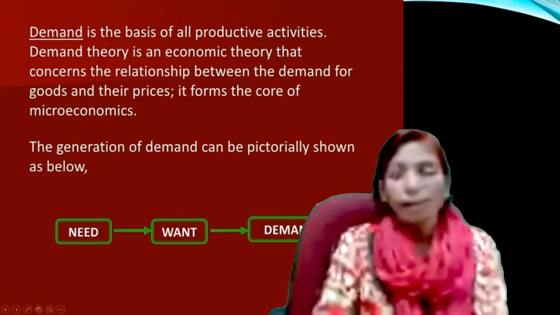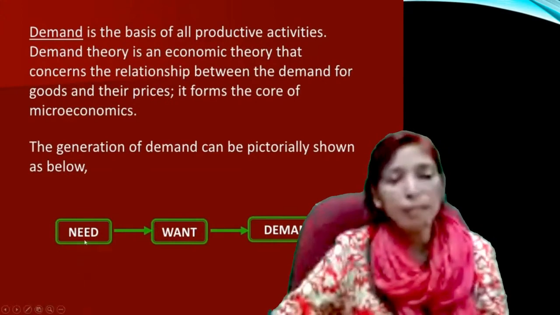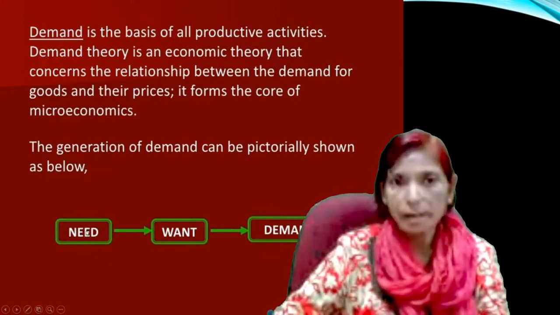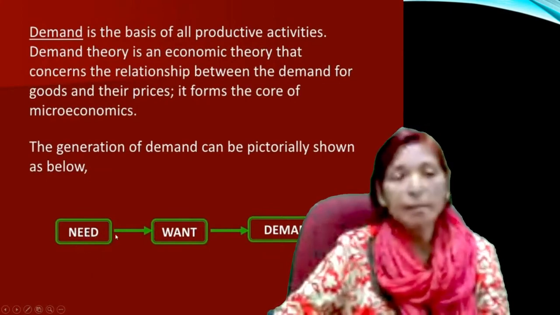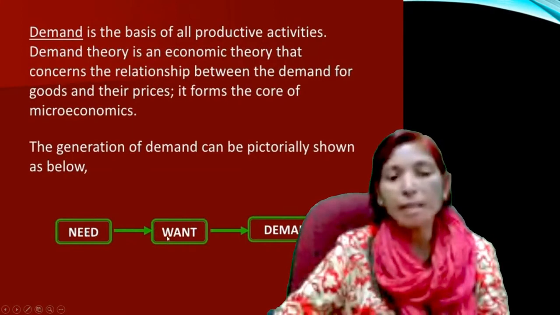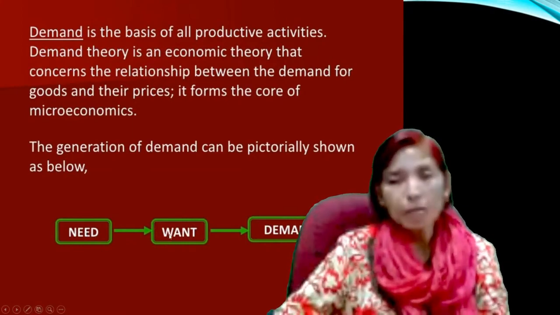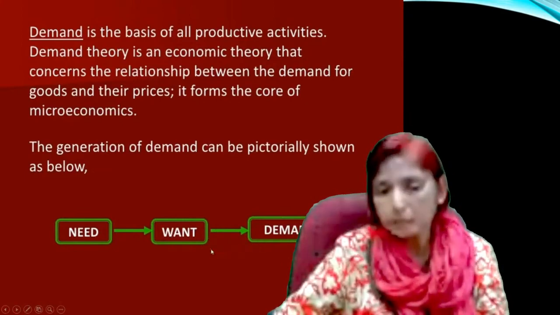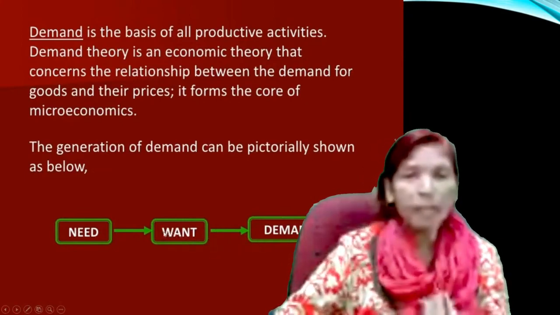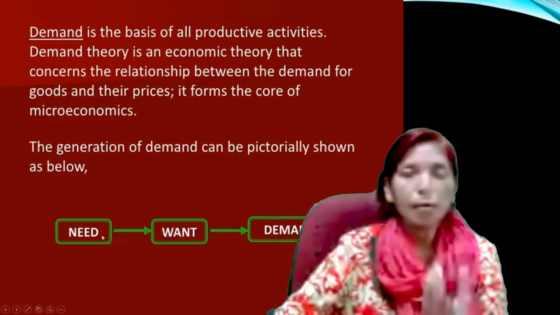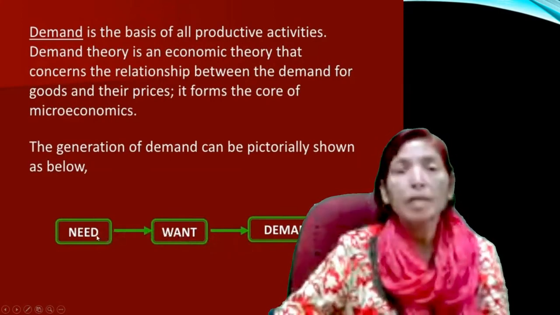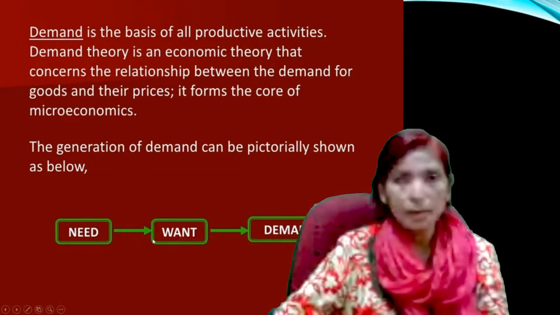First of all, which thing occurs? Need. Need arises, need creates want, and want will create demand. If we need any particular commodity, then we will keep a desire for that commodity.